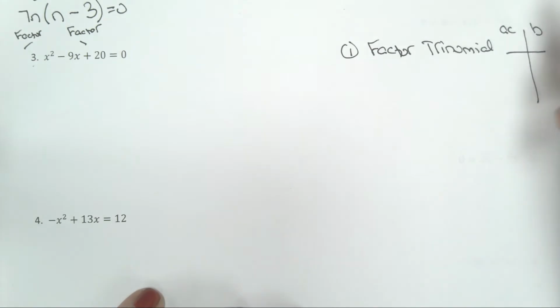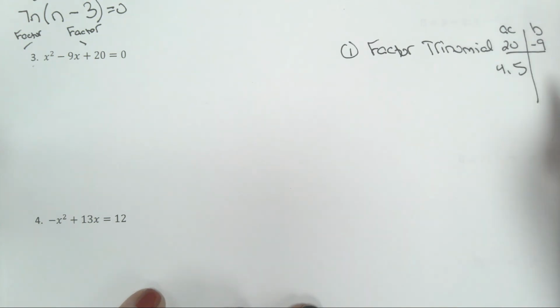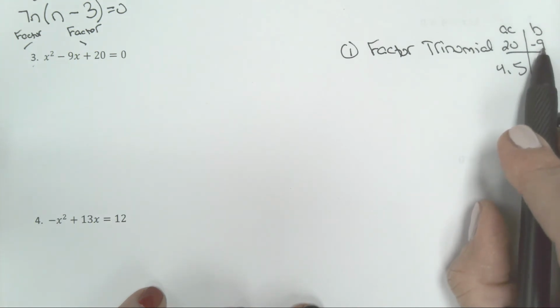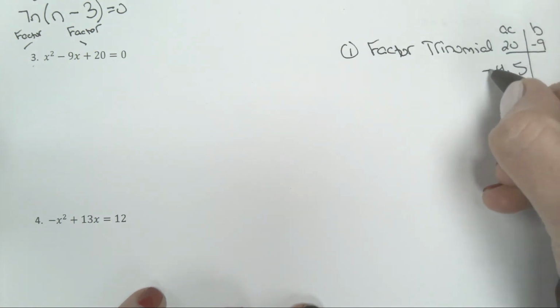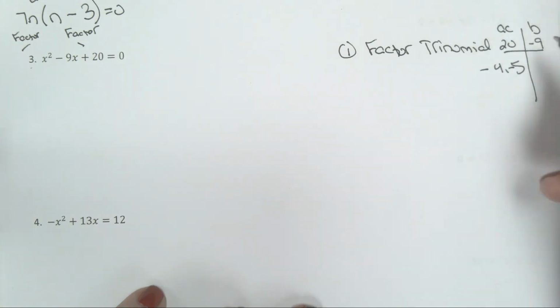So 1 times 20, I need factors of 20 that add up to -9. All right, so I know that 4 times 5 is 20, and they add up to 9. Oops, they got to add up to -9. Okay, so -4 and -5, those are also factors of 20, and now they add up to -9.